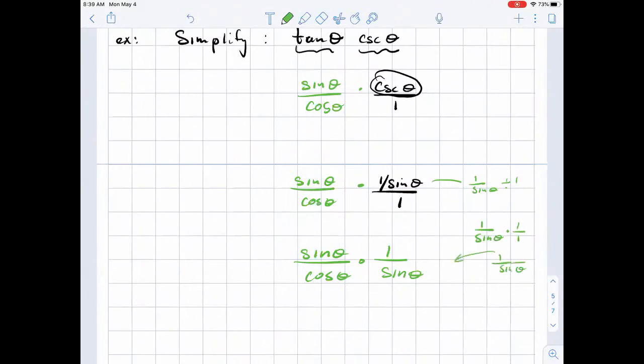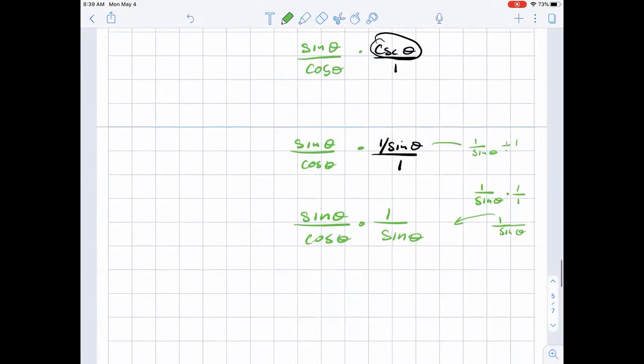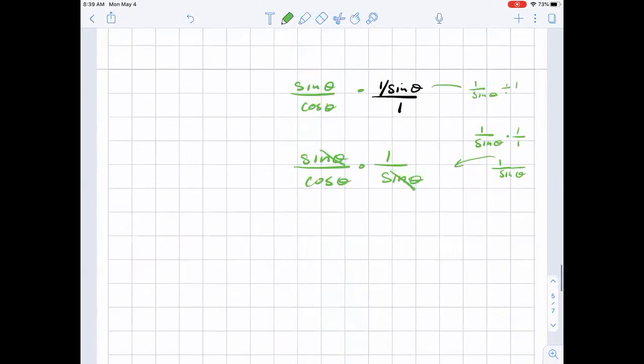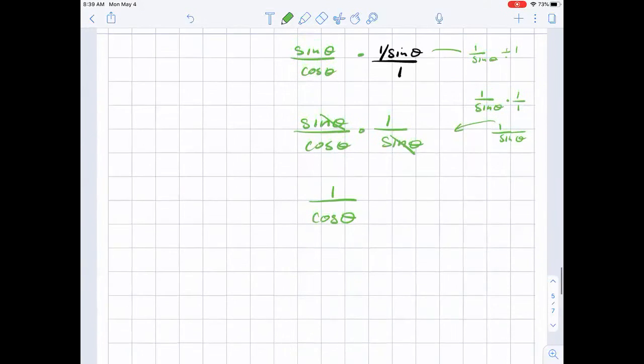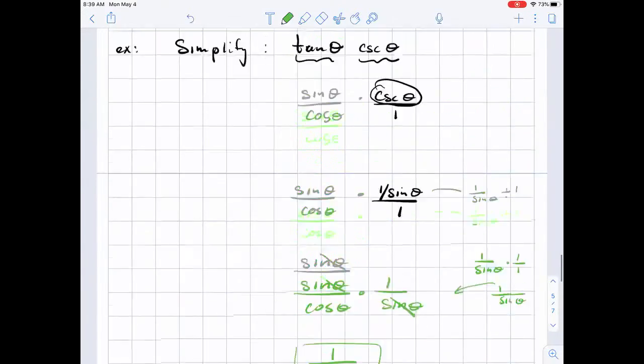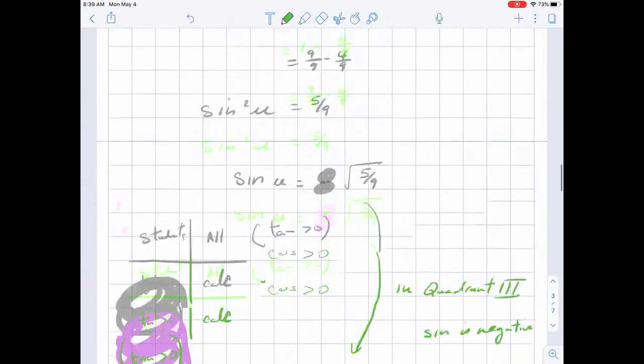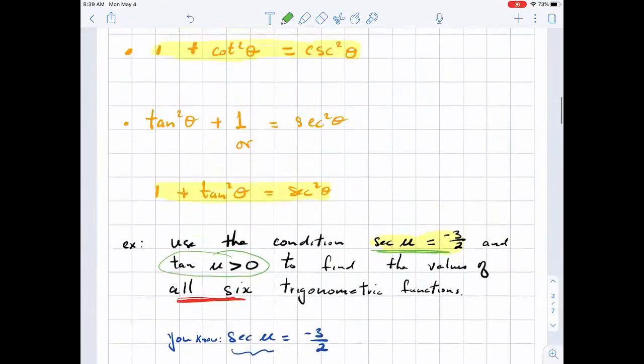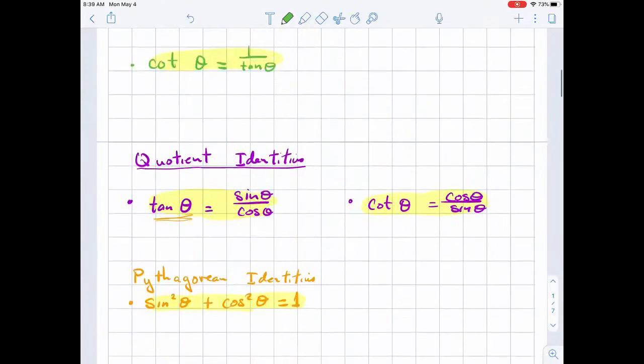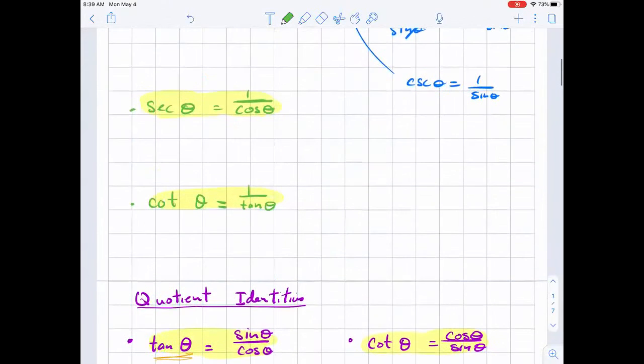That's how I got there. Now this can cancel with this, which leaves me with 1 over cosine theta. And 1 over cosine theta is the same as secant theta, right? You can't leave your answer like that because there's an identity for 1 over cosine, which is here.